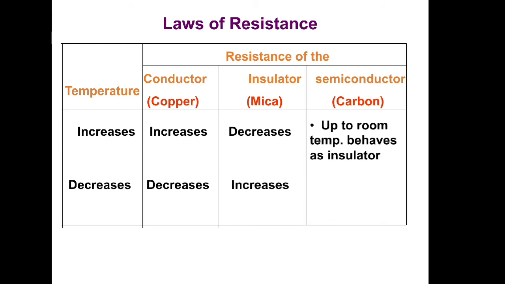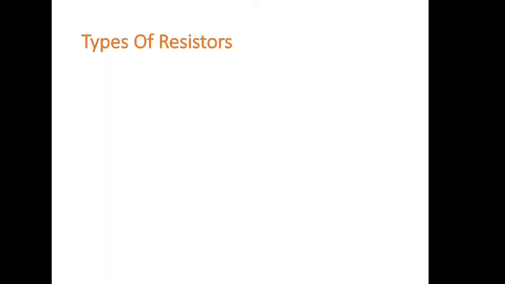In the case of a semiconductor, up to room temperature it behaves as an insulator. So when the temperature increases initially, it will not conduct. After reaching a certain temperature the semiconductor starts conducting. So when the temperature is further increased, only then will the conduction take place.